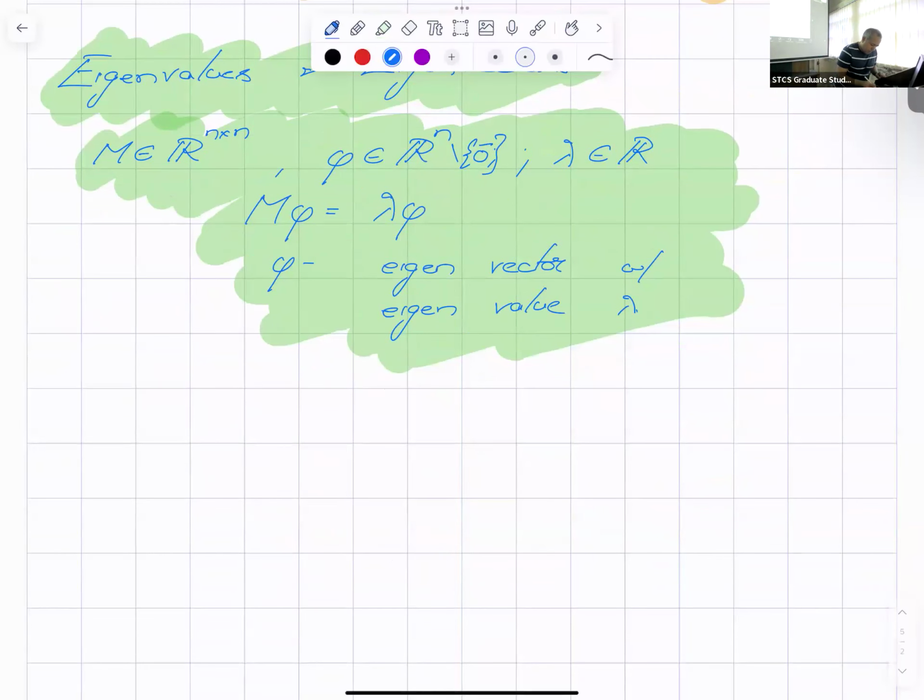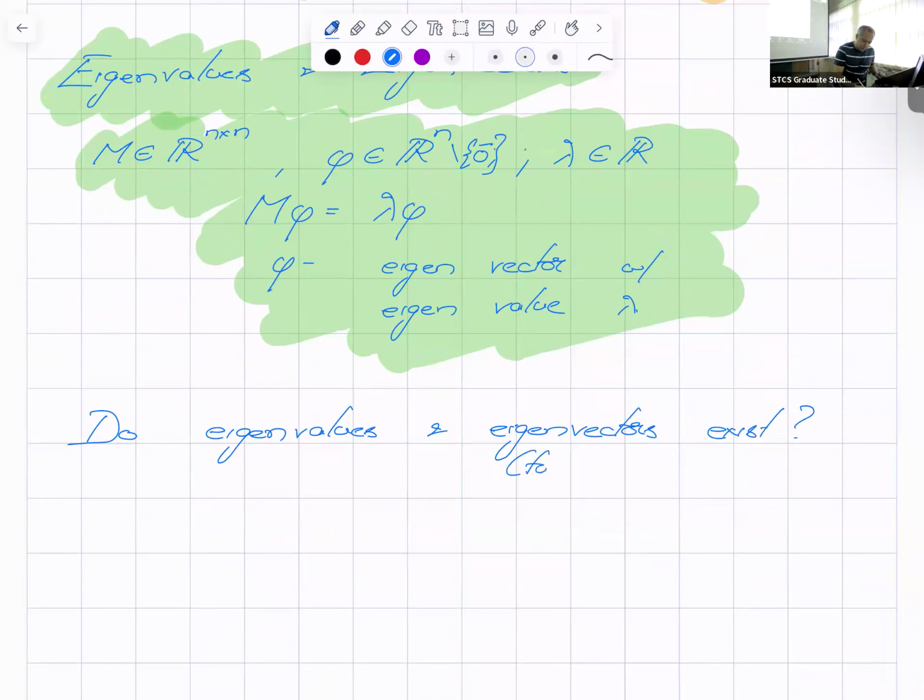Now, do eigenvalues and eigenvectors exist for a given matrix?